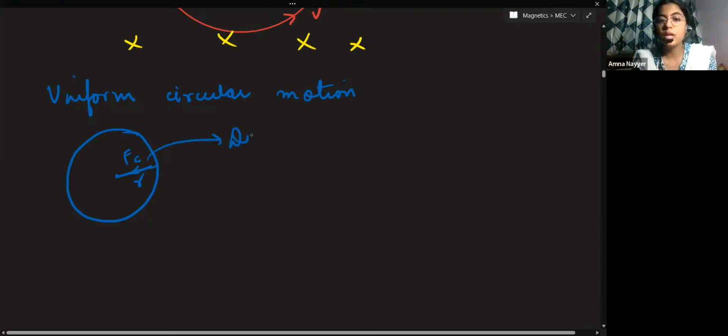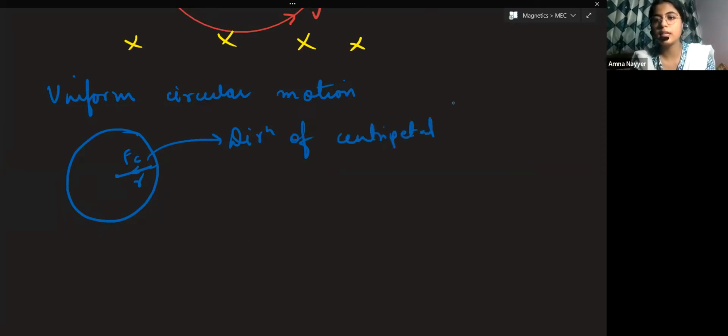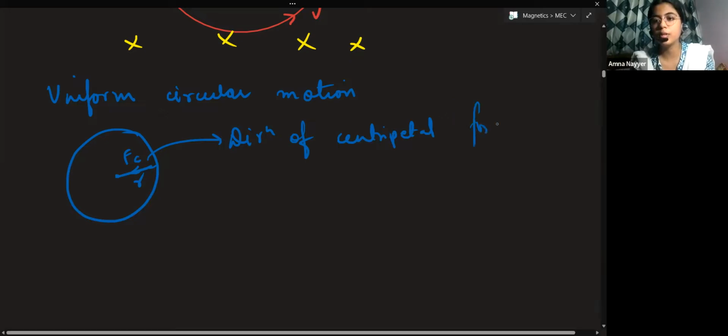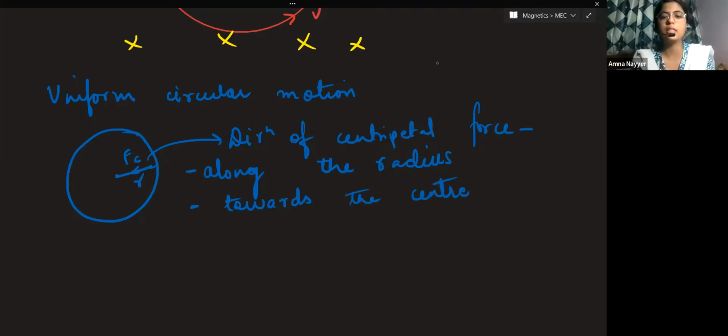So the direction of the centripetal force is along the radius. It's just a recap for all those who have forgotten this from class 11. And towards the center. Along the radius towards the center.